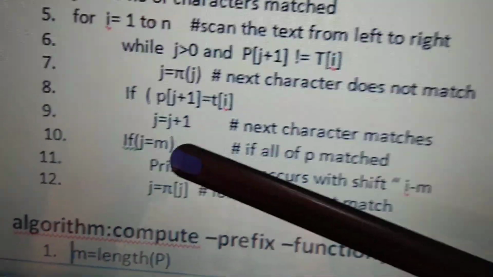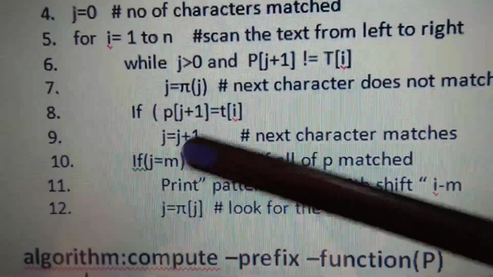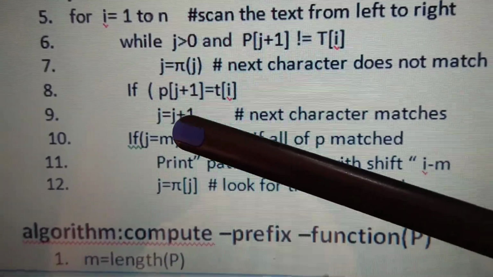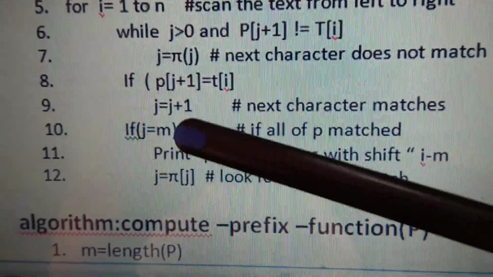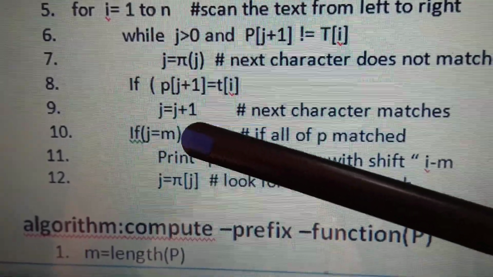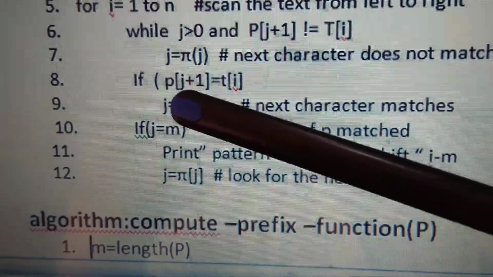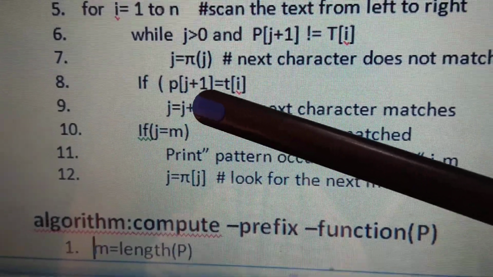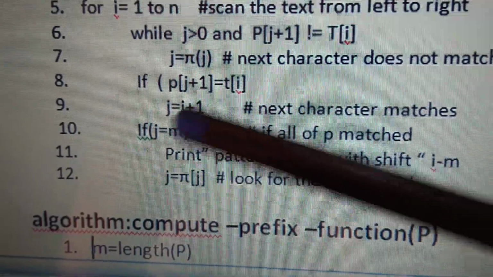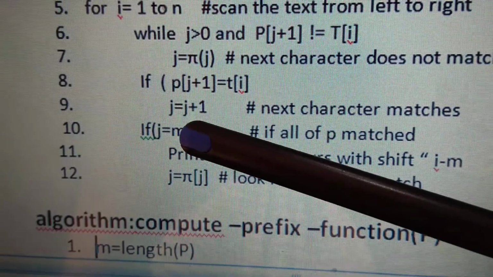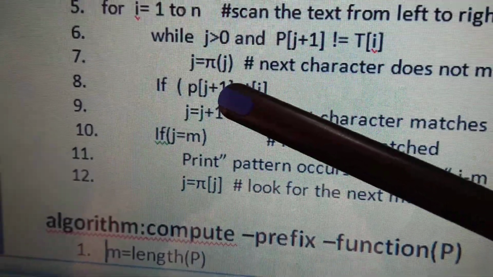If j equal to m. When does j equal m? We increment j only when a match happens. So m is the length of the pattern, and if j equals the number of characters in the pattern, then for all the characters of the pattern we get the match.